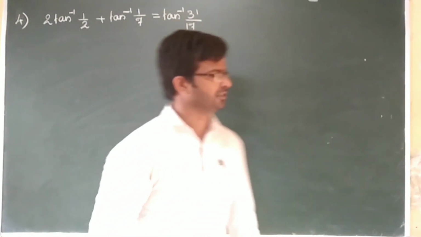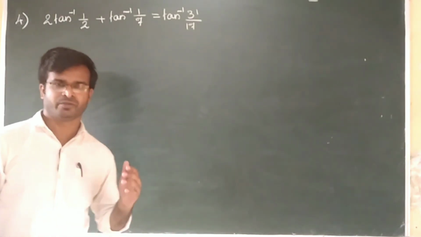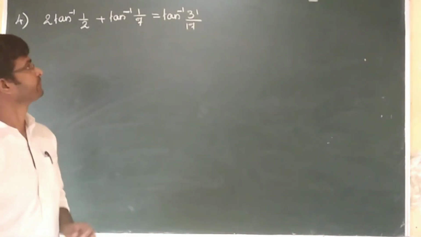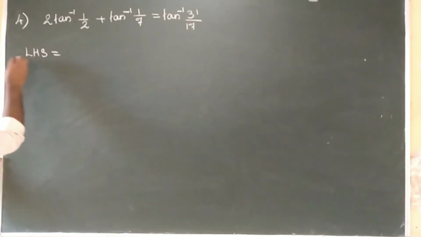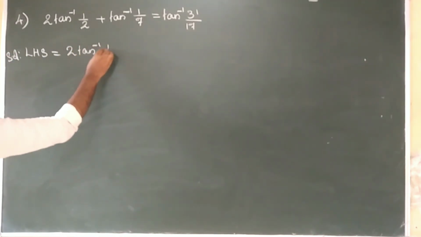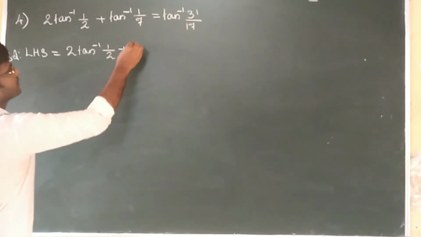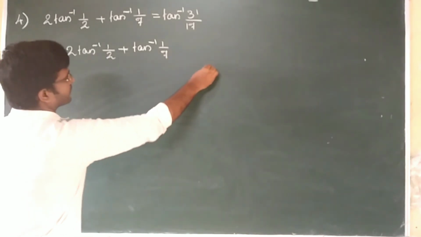This is our question number 4. In here, we will use 2 different properties. Take LHS. What is LHS in here? 2 tan inverse 1 by 2 plus tan inverse 1 by 7.